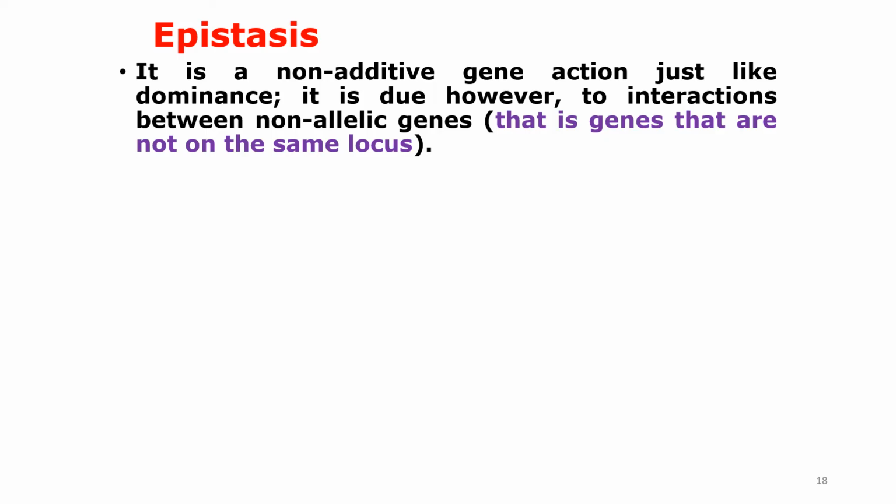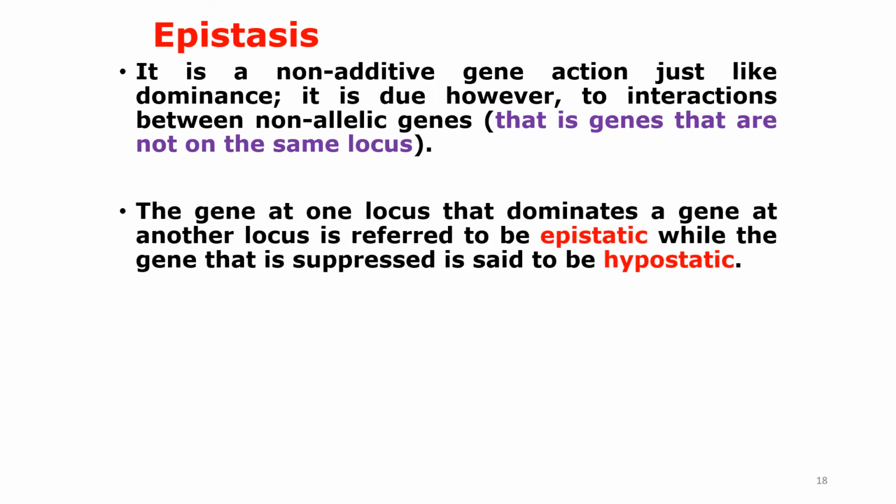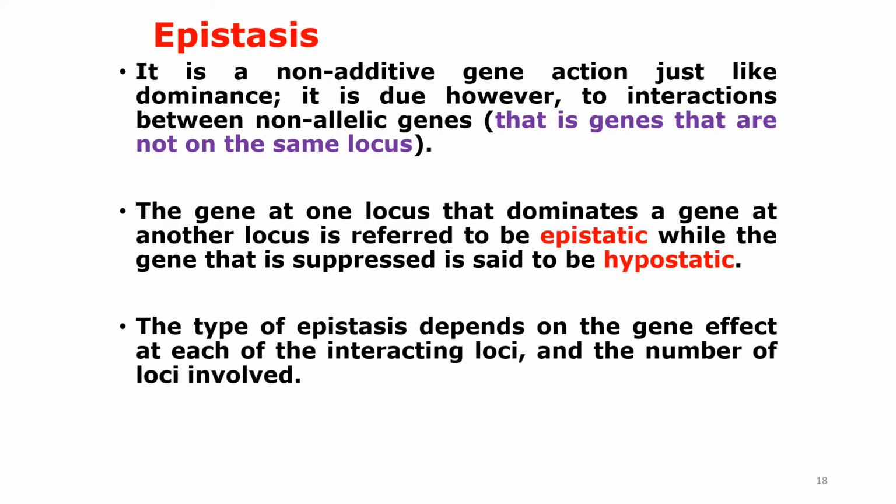And these kinds of genes are usually expressed by the use of different alphabets. So the gene at one locus that dominates the gene at another locus is said to be epistatic. And the gene that is dominated is said to be hypostatic.